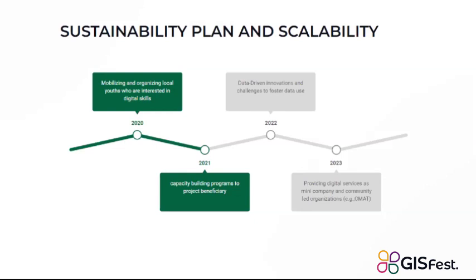We think that for the whole plan to be sustainable, digital services should be provided by many companies and community radio organizations, such as OMAT and different organizations in the region. They will use the same data to provide digital services. That's how the project is going to be sustainable, as well as scale from Tanga to different regions.